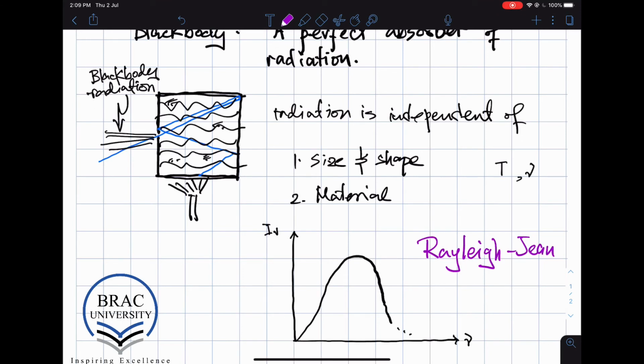What Rayleigh and Jeans discovered was a formula which worked pretty well at the lower frequencies, but then it diverged. According to the Rayleigh-Jeans formula, the radiation coming out from the black body should be infinite.